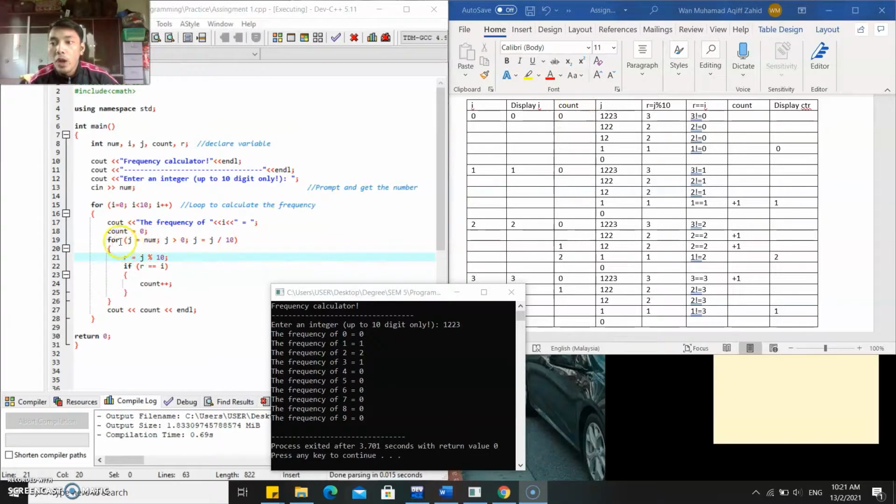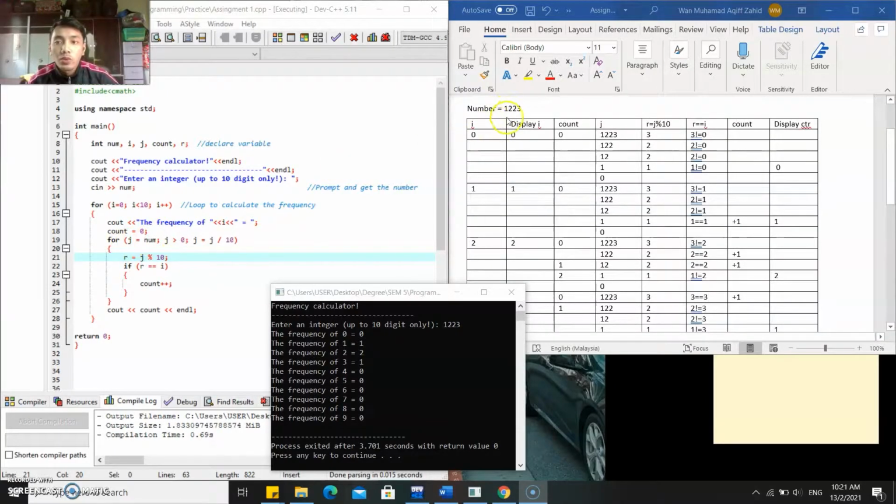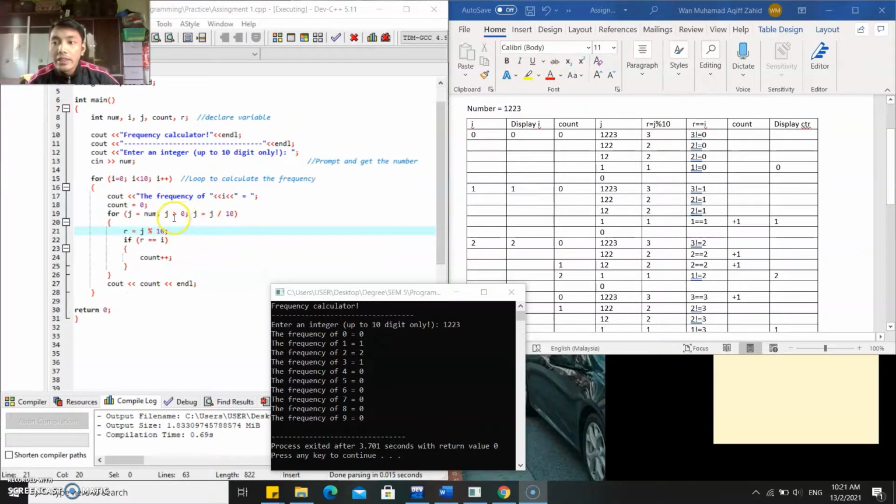And we move to our next loop, which is for j equal to num, which is 1223, until j is more than 0, and then j equal to j divided by 10. So in this first loop, j is equal to 1223.